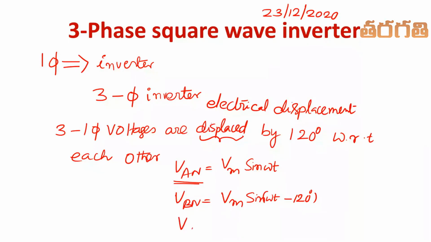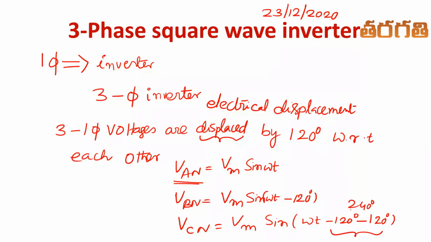Similarly, VCN is equal to Vm sin(omega t minus 240), which lags behind B phase voltage by an angle of 120 degrees, which is equal to 240 degrees. So this is what we call the phase angle, isn't it?